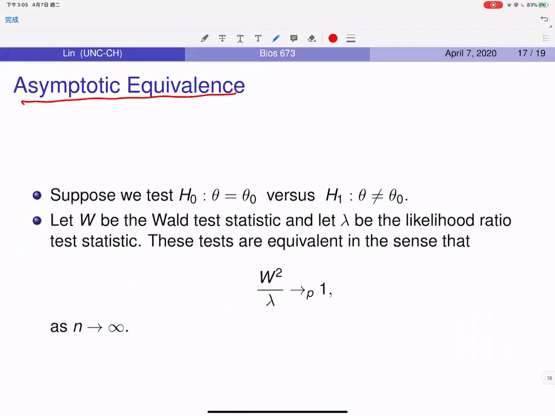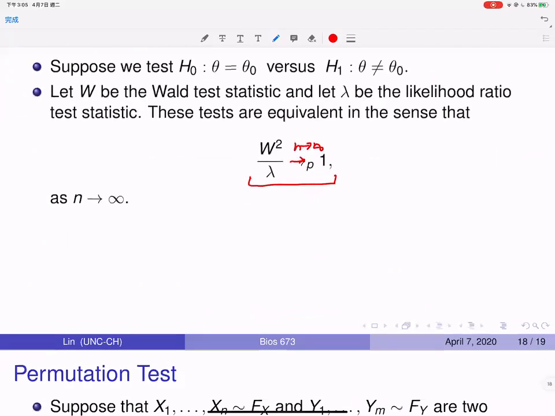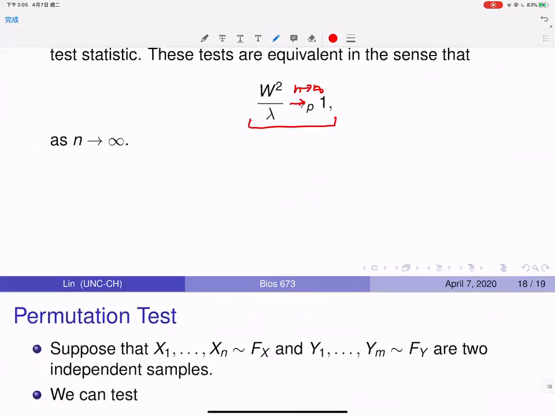I will show that if you have Wald statistics, when n goes to infinity they are identical, they are equivalent, which means that both statistics are going to be the same whenever n goes to infinity. Then we will show that in 661. You will know what happens at that time. Just a heads up for this, which means that LRT is somehow difficult to derive.